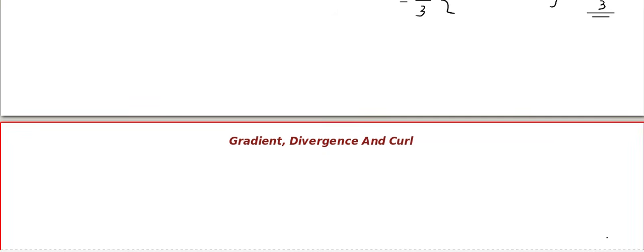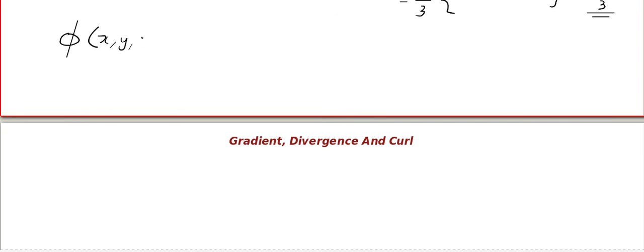Okay, now I'll show you another question that I saw in a question paper. This question has been asked many times. Find the directional derivative of the function. Now don't get scared when they give phi of x, y, z. They simply want to say phi is a function which depends on x and y and z.